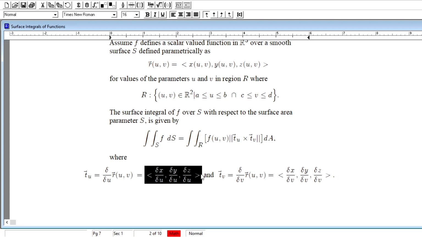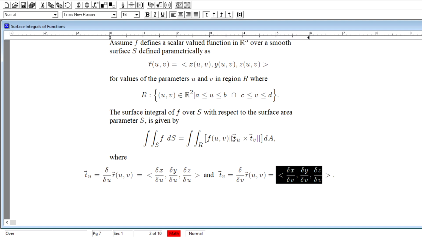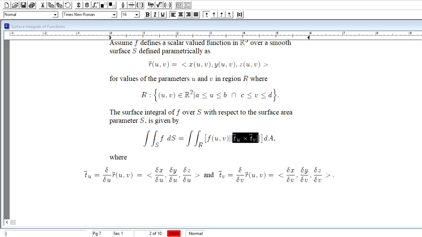If I take these two vectors formed by the partials and take their cross product, sorry about that, folks.